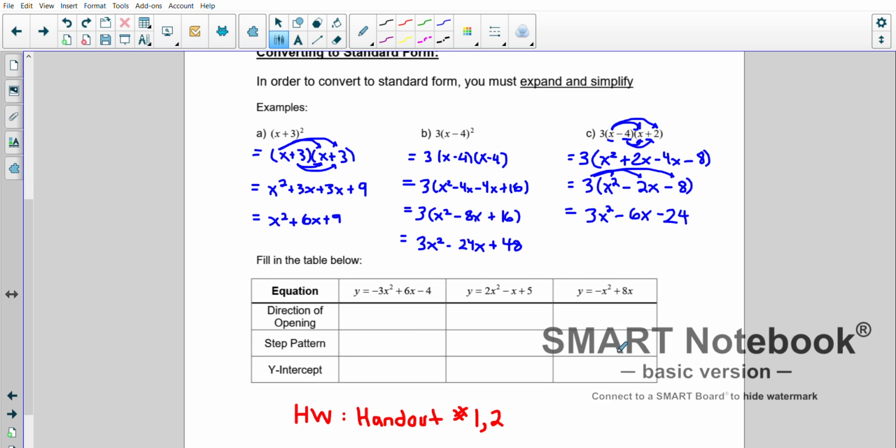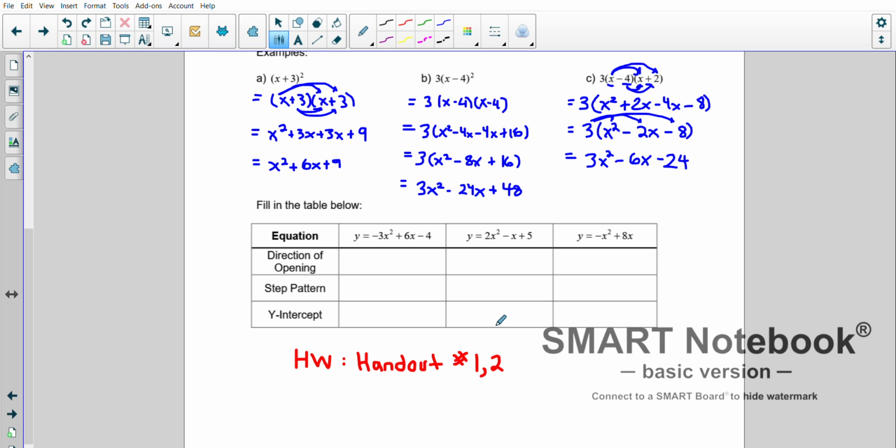So at the end of the day, you need to be able to do this. You need to be able to look at these equations, know what form it's in, and then be able to extract the important information. So you're going to have to be able to look at this and say, okay, this is in standard form. I know the direction of opening is going to be down because that a value is negative.